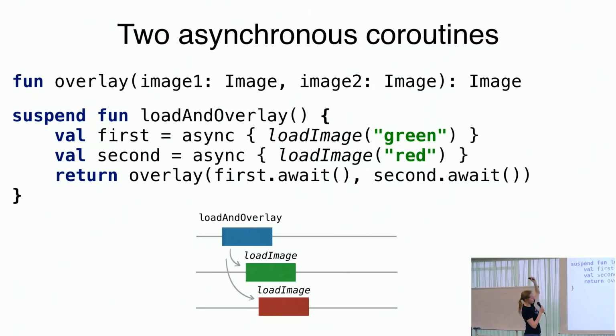Let's say we now do several asynchronous computations in parallel, like we have enough threads, and we want to do our computations in parallel. We have a simple example: a function that mixes two images somehow, and another function that loads two images in parallel and then applies overlay to these images.